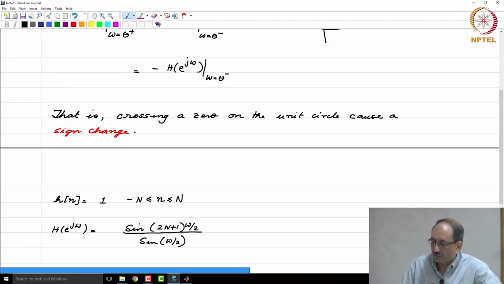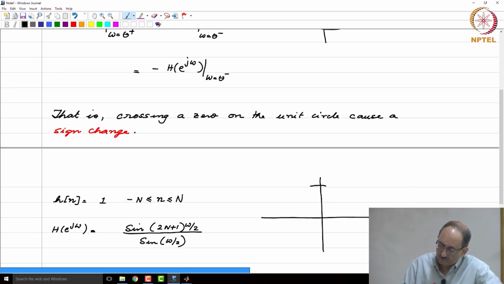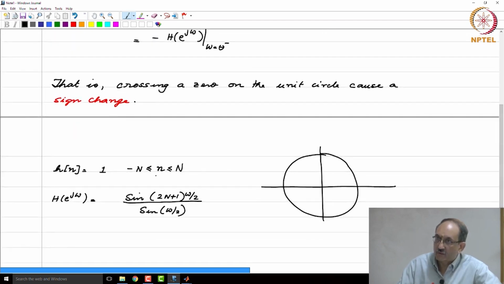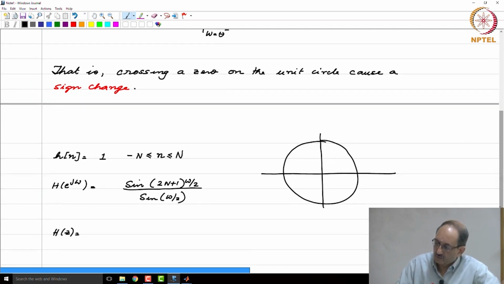We have seen this quite a few times before. We have also seen the z transform of this. So, this is H of z is 1 minus z to the minus (2N plus 1) by 1 minus z inverse.